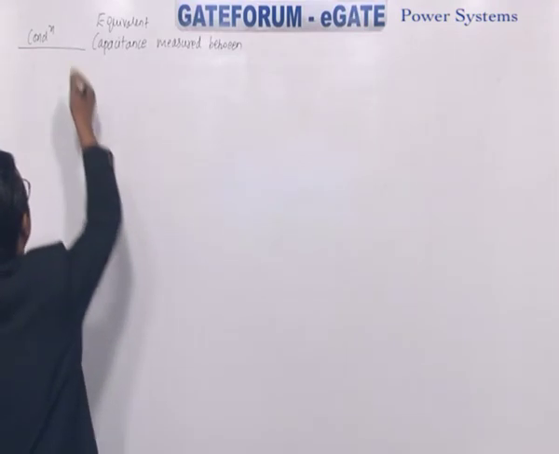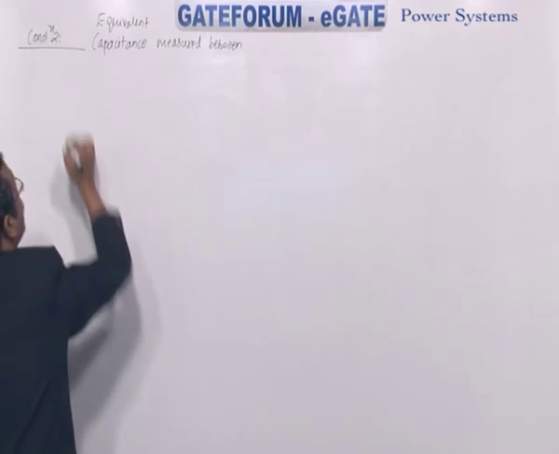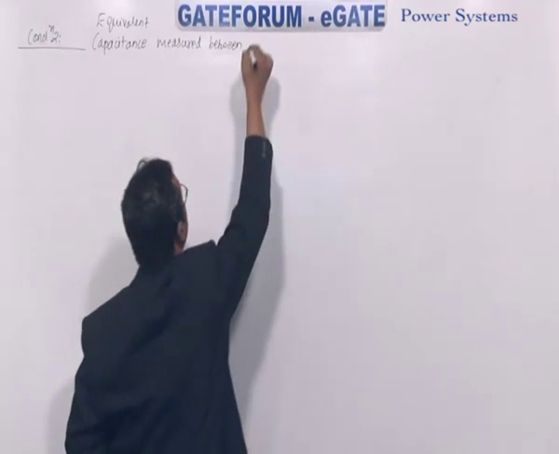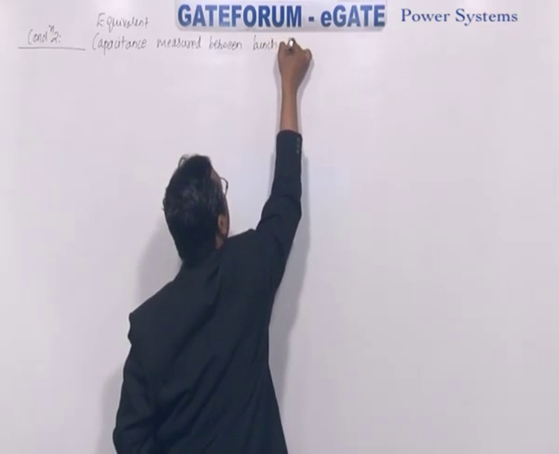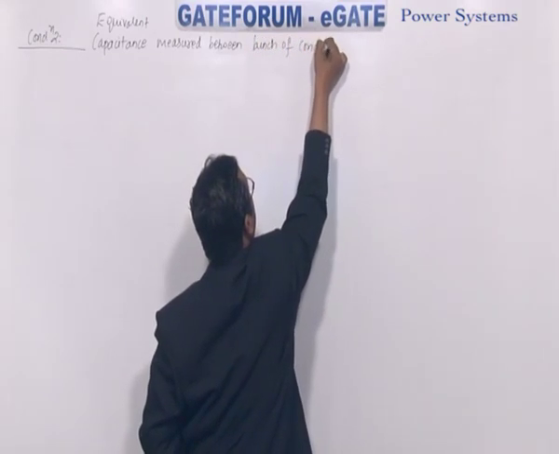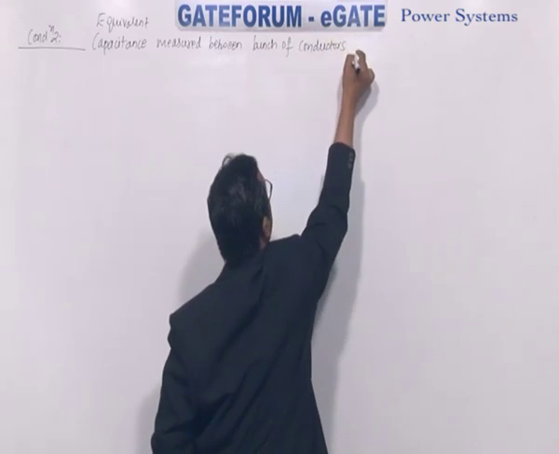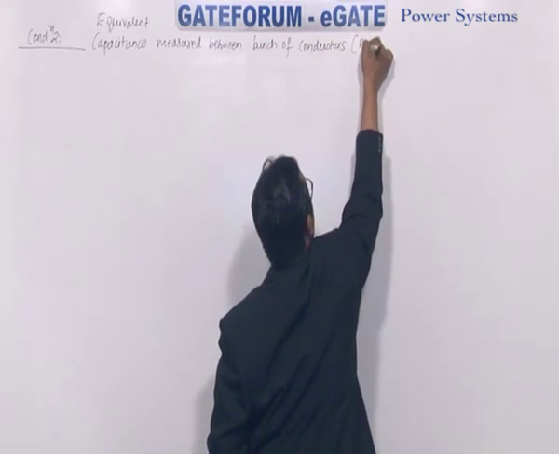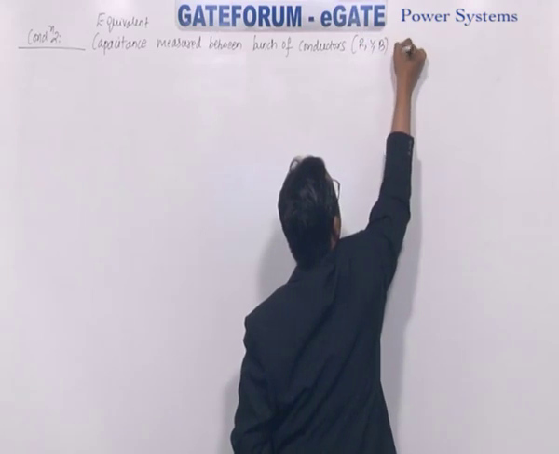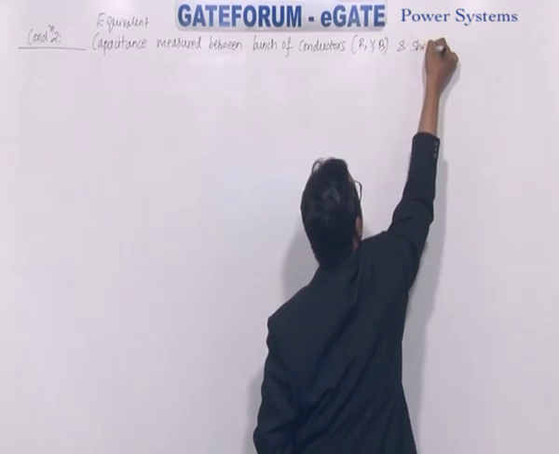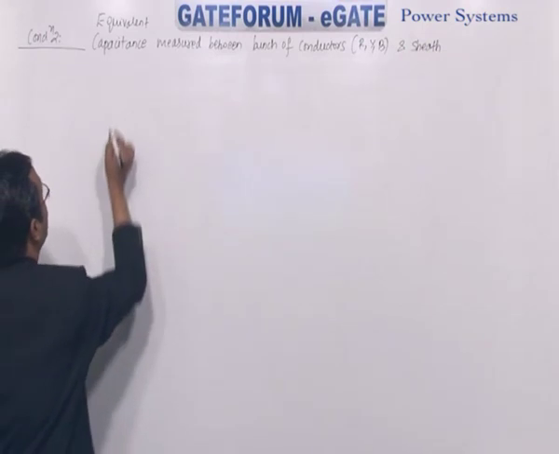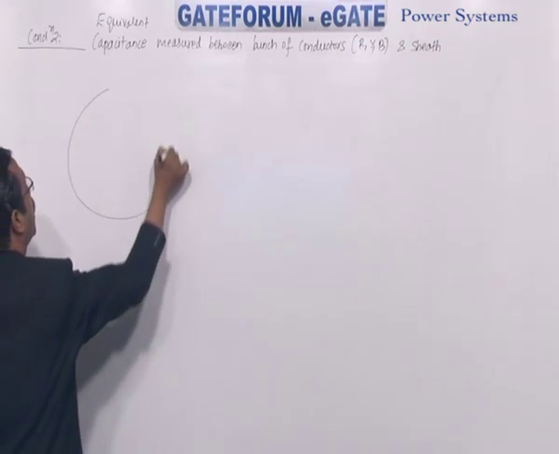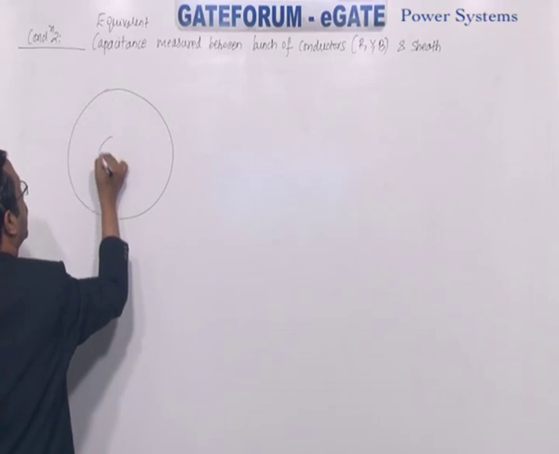Now we have condition 2. Equivalent capacitance measured between bunch of the conductors, that is RYB, and sheath. So where the RYB conductors are, all the three are bunched together.